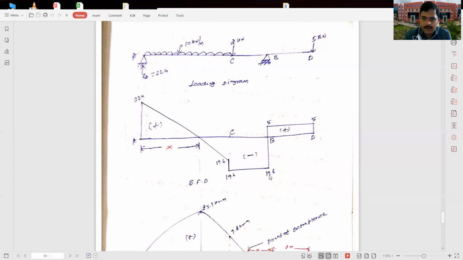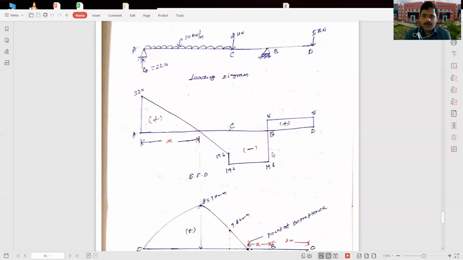Here minus 19.6, so plus 24.6 minus 19.6, you will get plus 5. Then at B it will increase from minus 19.6 to plus 5. Then in between B and D there is no force, therefore this plus 5 is constant up to point D. Because of this minus 5, this plus 5 will become 0 at point D. So this is how you have to draw the shear force diagram, isn't it?